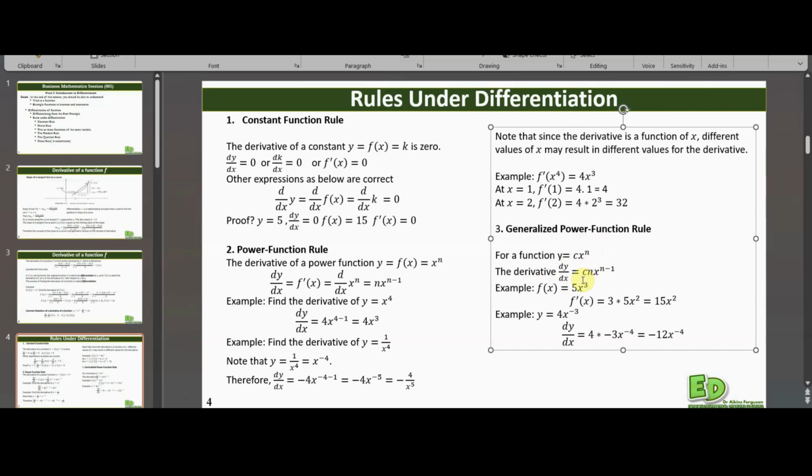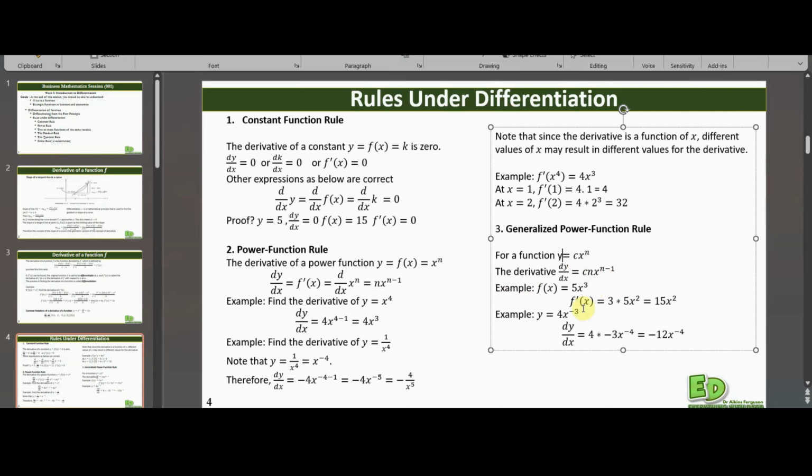That gives us cn, and then we have x to the power n minus 1. So simply multiply the coefficient by the power, then reduce the power by 1.